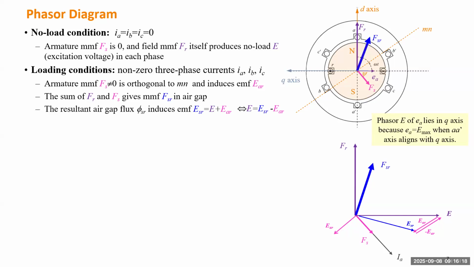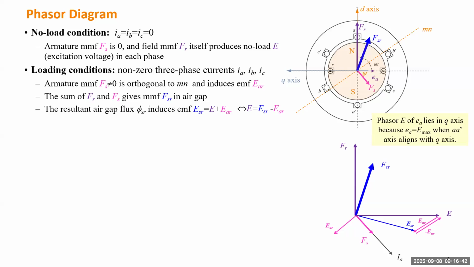And we can also easily tell this voltage is 90 degrees lagging this magnetomotive force, which means this voltage is also lagging this current. And this part is orthogonal to this current. Yeah, the negative EAR is in parallel with EAR. So this one is 90 degrees leading the current.